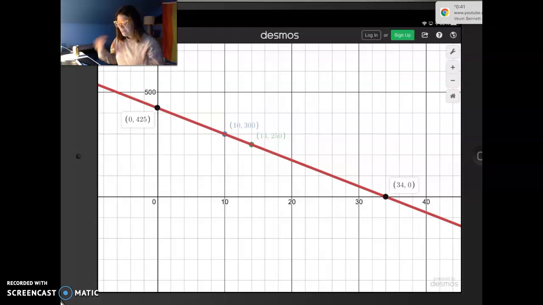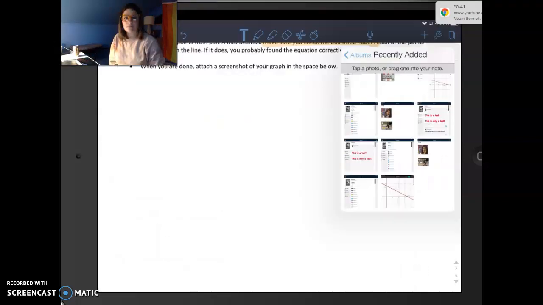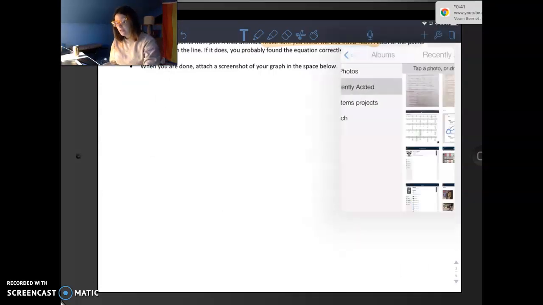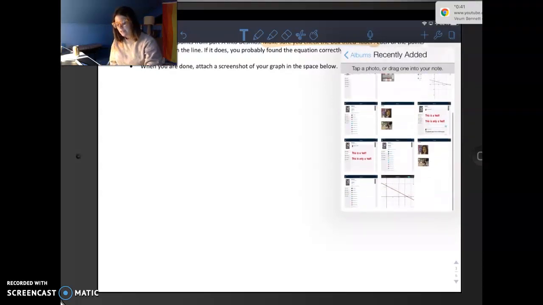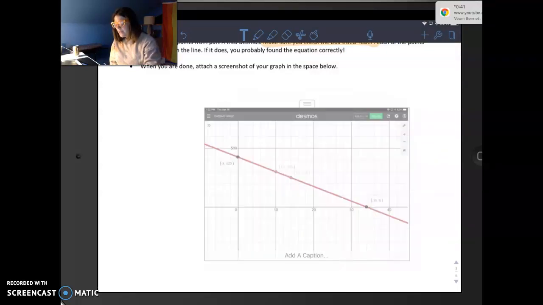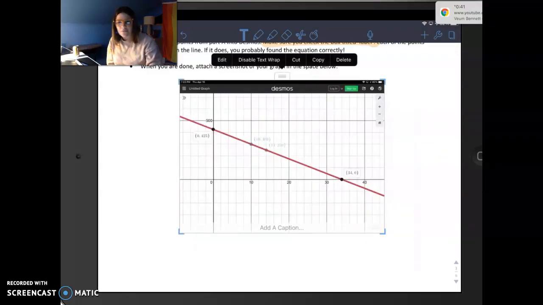So, here we go. We're going to take a screenshot. Okay, sorry. Little whoopsie there. So you're going to press the plus sign, and then you're going to add in the screenshot that you just took. Here's your beautiful screenshot, and you're good to go.